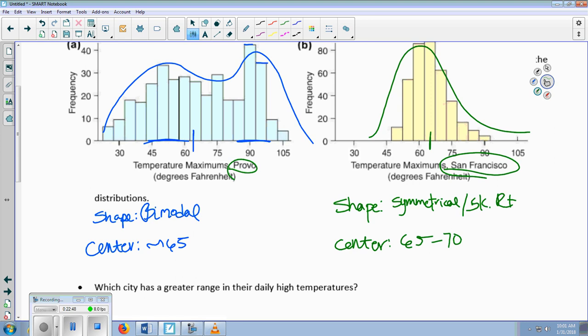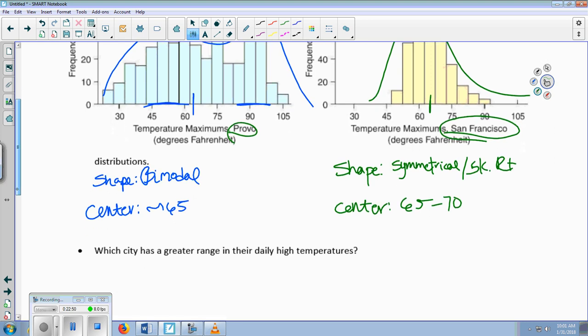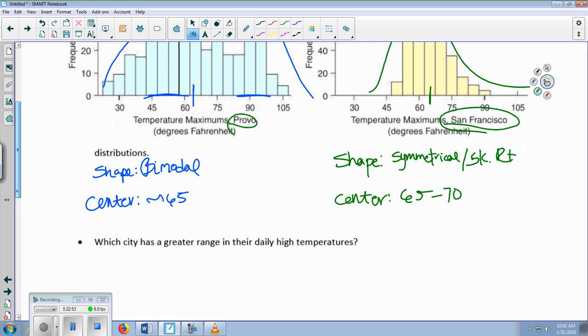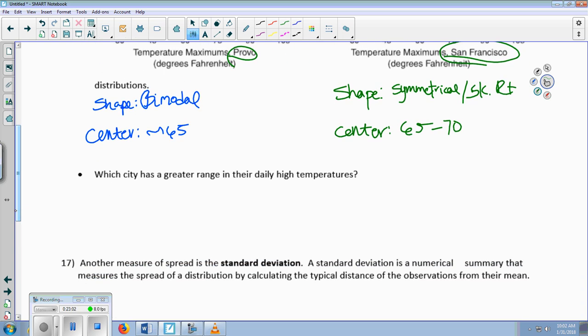Now, which city has the greater range in temperatures? Provo goes from, looks like, 20 to 110 maybe, 105 I guess. So let's see, I was using blue. So Provo, the range I said was 105 maybe to 25.